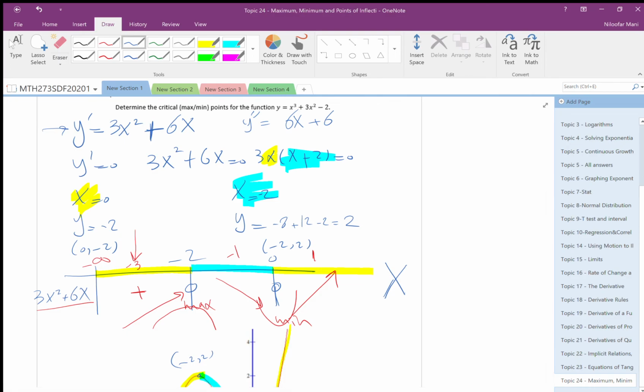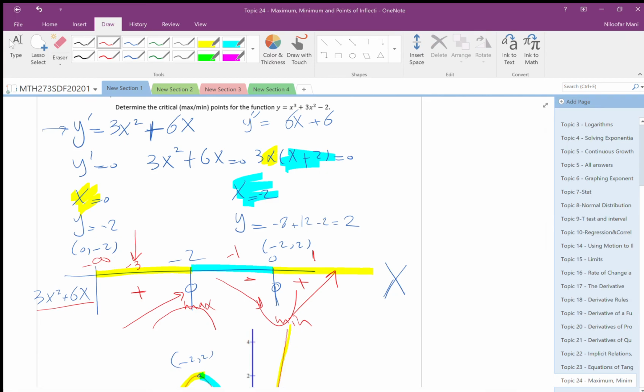I can check a point before minus 2, between minus 2 and 0, and after 0. And I can see the first derivative is positive, here negative, and here positive. So it's going up, coming down, going up. So this means maximum, minimum.